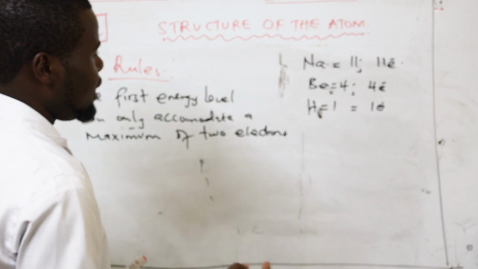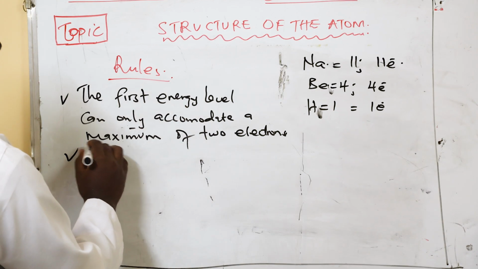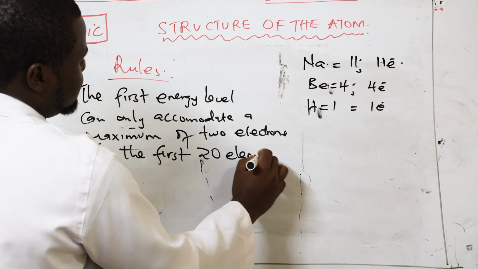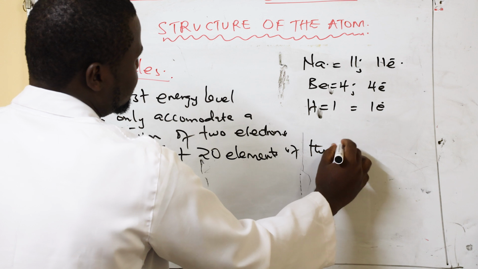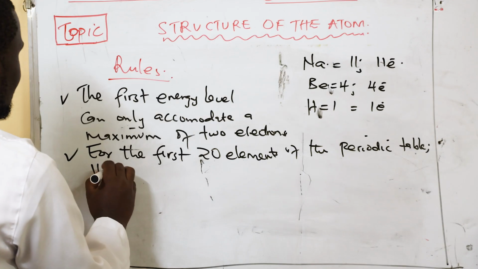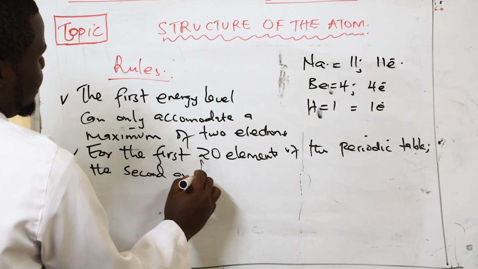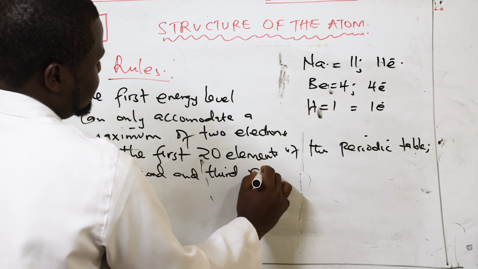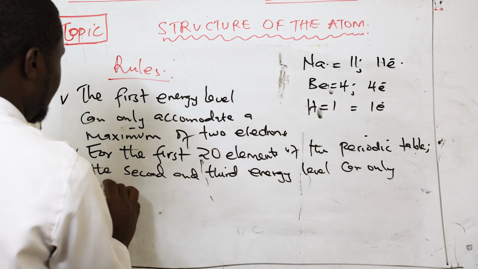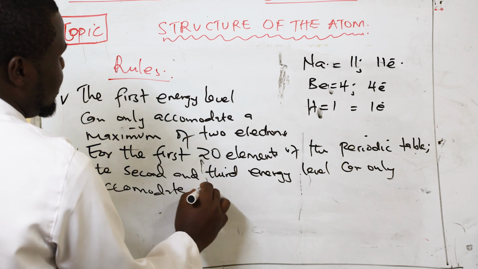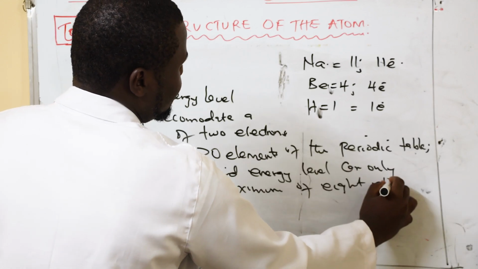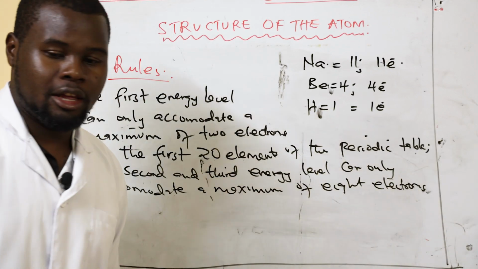Let's see, what is the second rule saying? For the first 20 elements of the periodic table, the second and third energy level can only accommodate a maximum of 8 electrons. Very important.